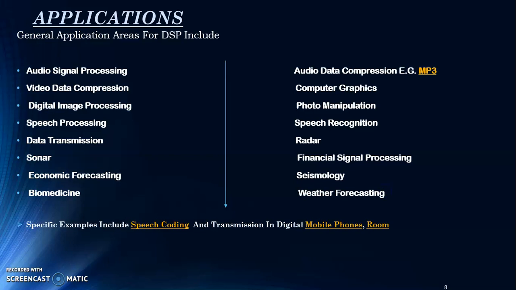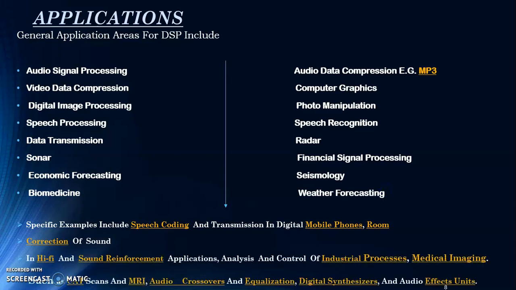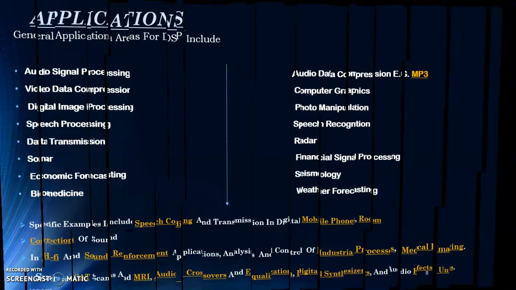Specific examples include speech coding and transmission in digital mobile phones, correction of sound in hi-fi and sound reinforcement applications, analysis and control of industrial processes, medical imaging such as CAT scans and MRI, audio crossover and equalization, and digital synthesizers and audio effect units.